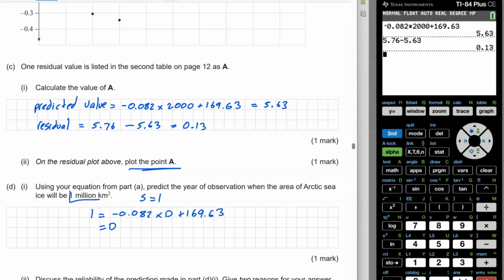And when we rearrange that equation, we get 1 minus 169.63, and then divide it by negative 0.082, and that's going to equal 2056.